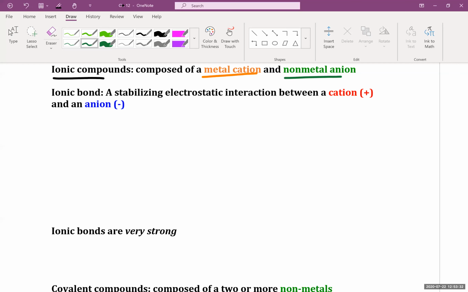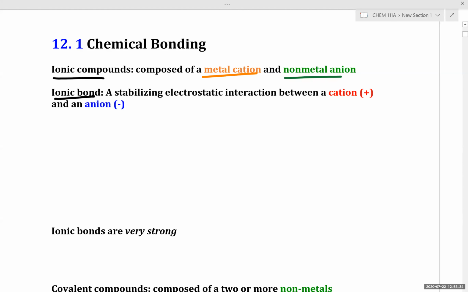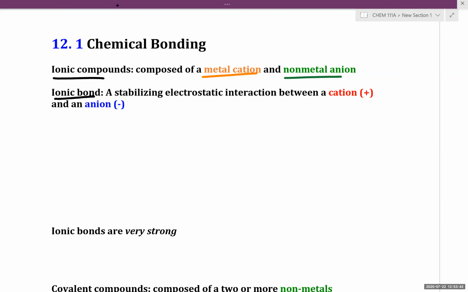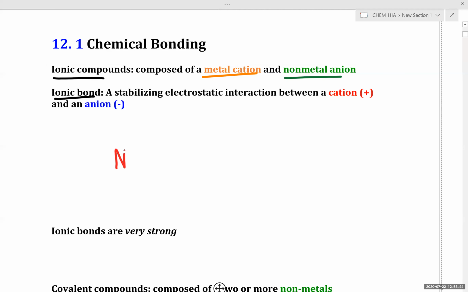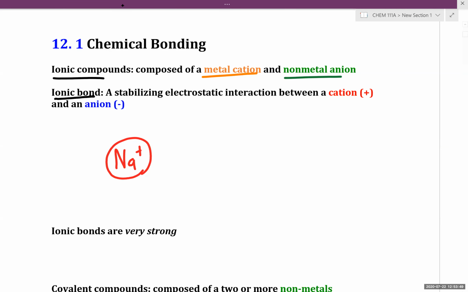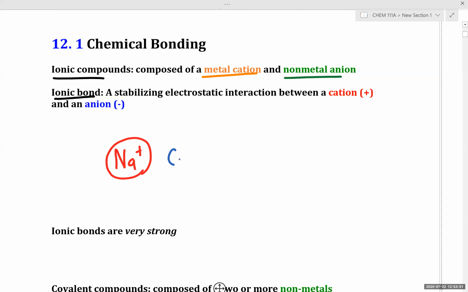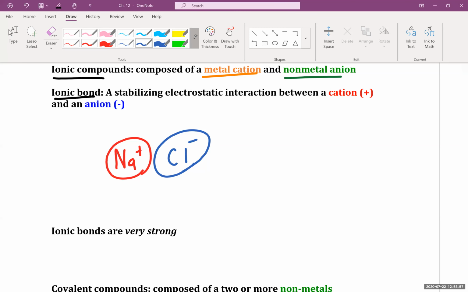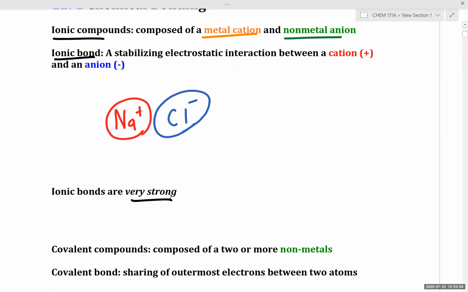Ionic compounds participate in what are known as ionic bonds, which is an electrostatic interaction, an attractive interaction between a cation and an anion. For example, in sodium chloride, we have Na+, and this Na+ experiences an attractive interaction with chloride, which is Cl-. The main thing that's important to know is that ionic bonds are very strong.